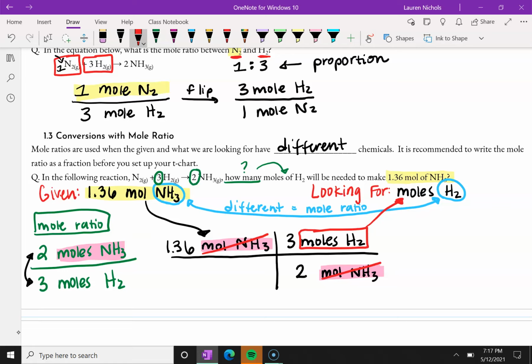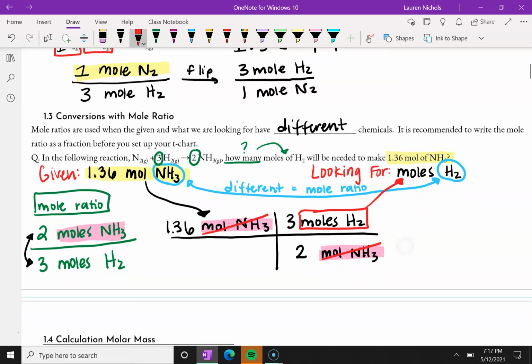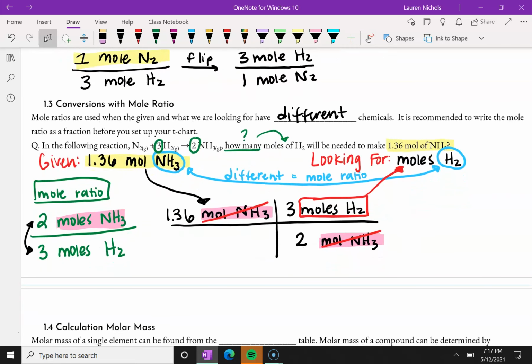Because I know that students who maybe are not in my class but have a different teacher might be watching this video, this is the same setup. In case your teacher set it up a little bit differently, it's the same as setting it up like this, where you just say you're multiplying by the fraction.